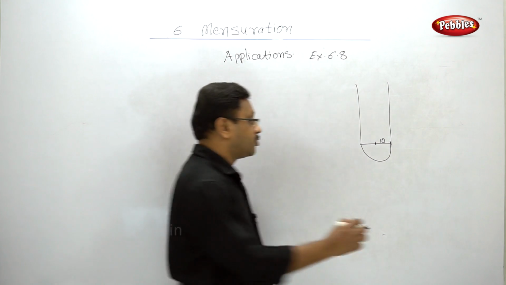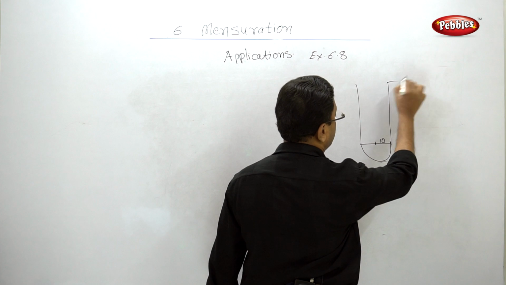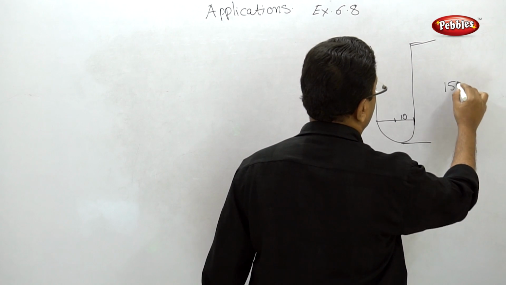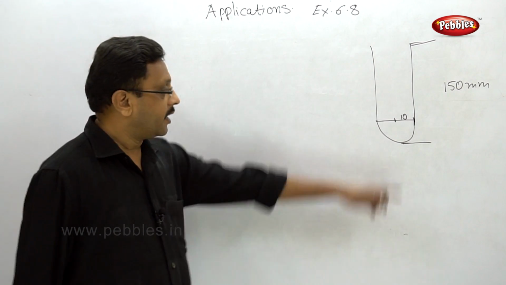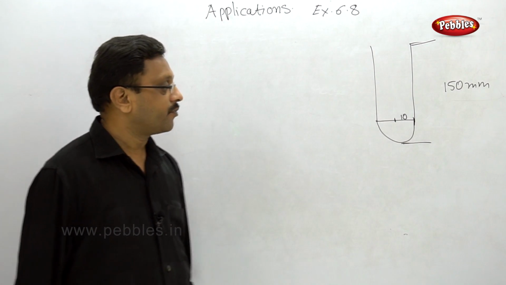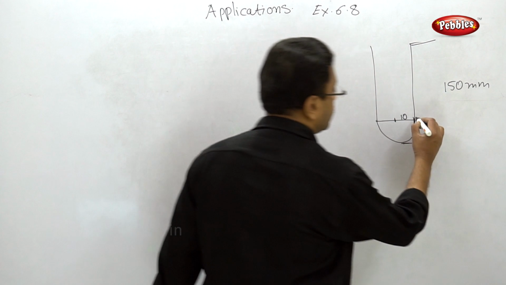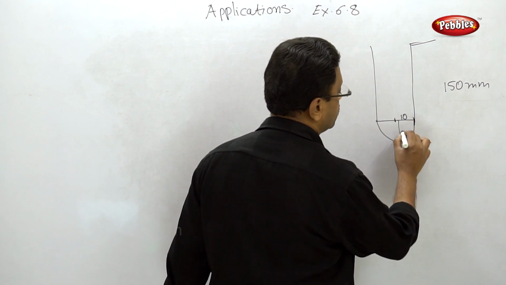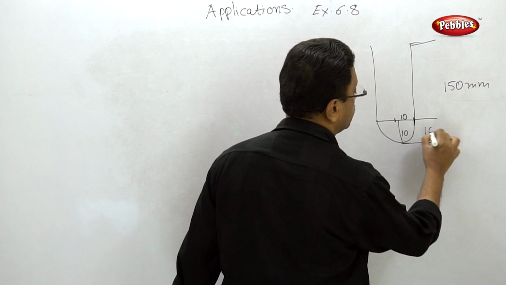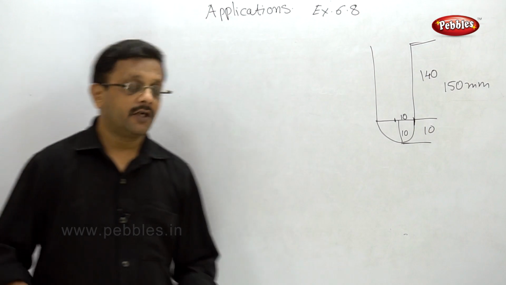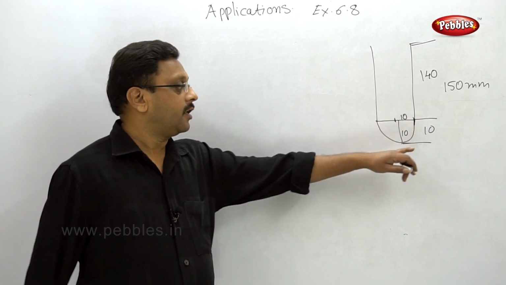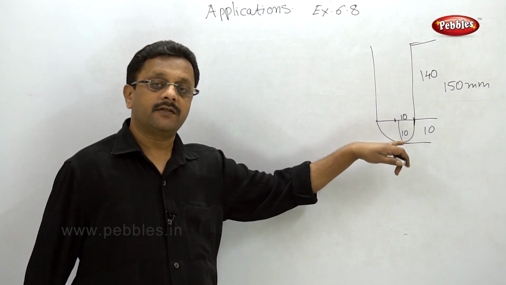Now height of test tube is taken from this end to this end. 15 centimeter, that is 150 mm. Radius is 10 mm. Now if this is 10 mm, this is also radius. So this is 10 and this is 140. So the cylinder height is 140, radius is 10, and for the hemisphere radius is 10.